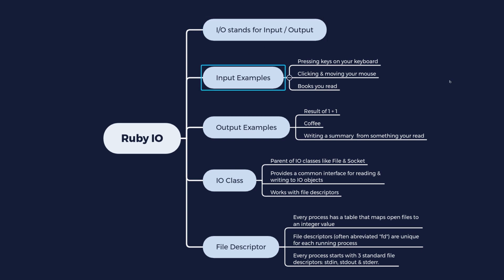So what is input? Well, the way I like to explain this is with some examples. So input is what comes into something. So for example, when you are pressing keys on your keyboard, that's input. That's input that you're sending into your computer, right?